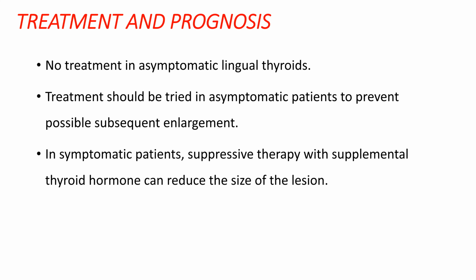Some authors advise that suppressive therapy with supplemental thyroid hormone should be tried in asymptomatic patients to prevent possible subsequent enlargement. In symptomatic patients, suppressive therapy with supplemental thyroid hormone often can reduce the size of the lesion.